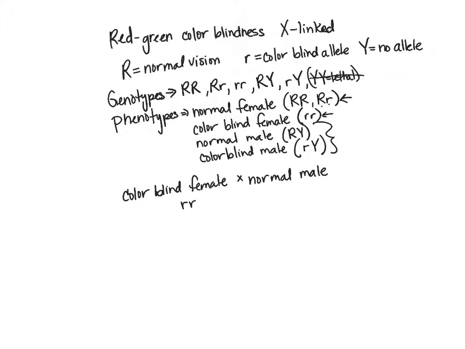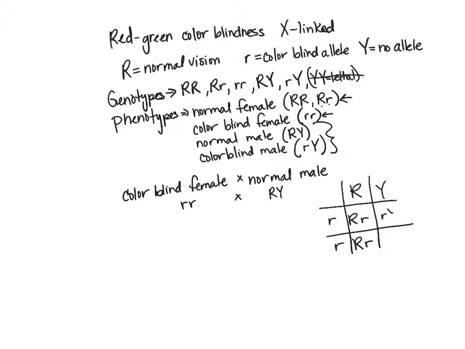Little r, little r, crossed with big R, Y. So if we did our Punnett square, with little r on one side and big R, Y on the other, then let's see what we end up with.